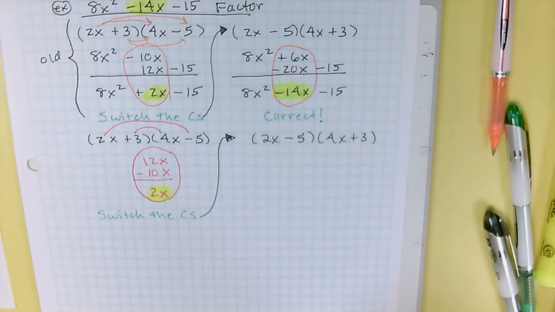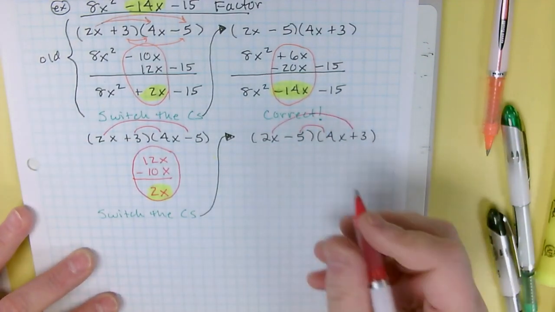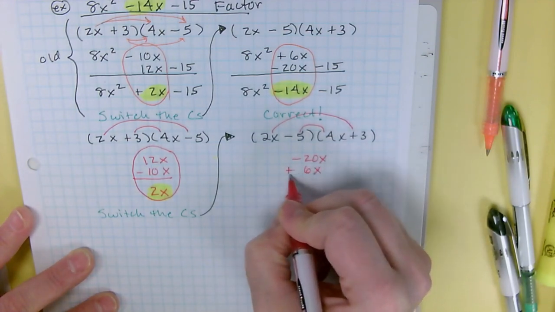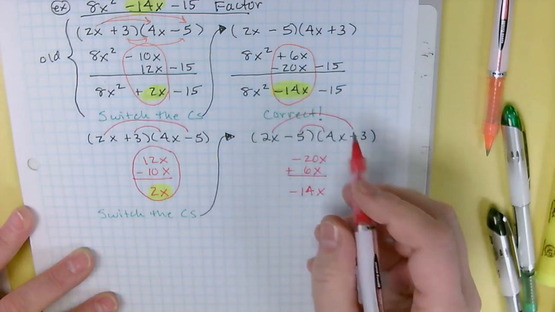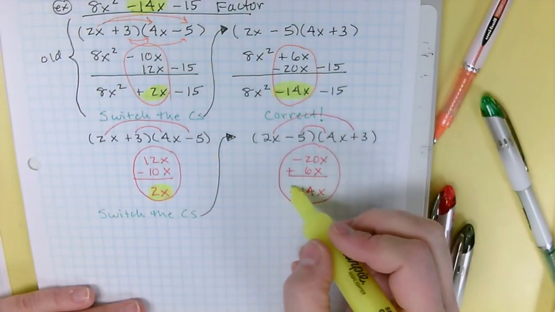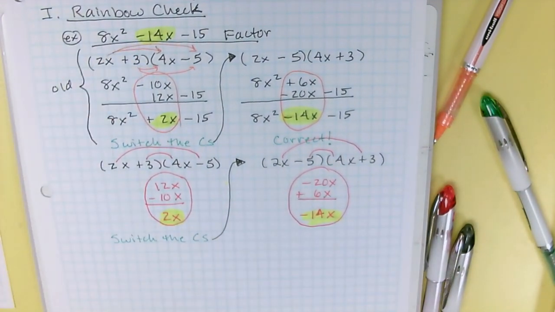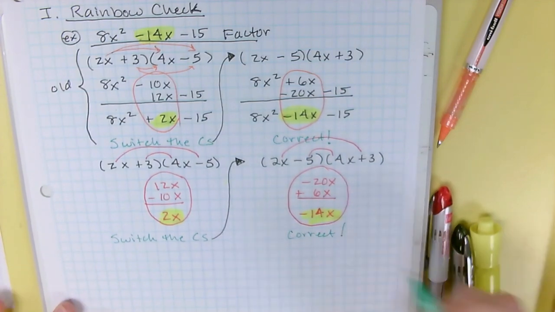And now we do rainbow check again, inside 2 and outside 2. And that gives us negative 20x plus 6x, which is negative 14x. And that negative 14x is what we wanted because that was in the original. So we know that the C's are correct.